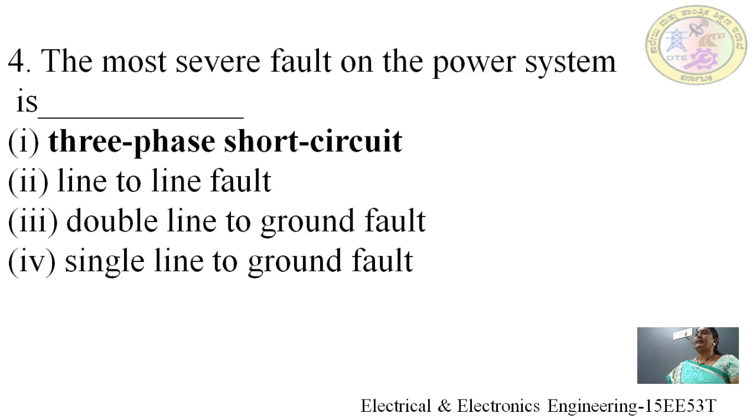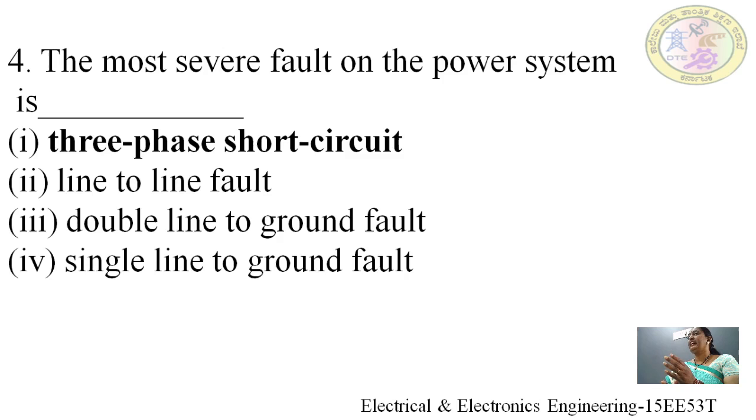Next question: which is the most severe fault in the power system, which gives rise to a large fault current? In order to decide that, we have to consider the fault current in all the cases.